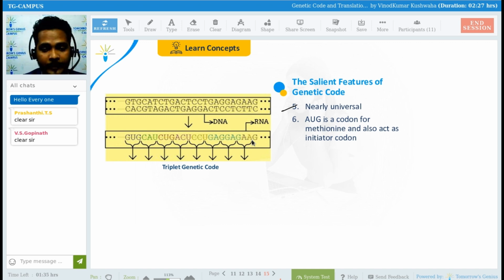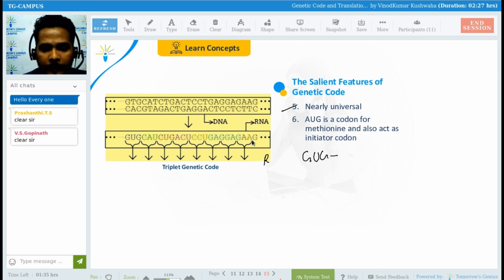Okay, one more important thing, not always, but rarely, I'm saying rarely, GUG, which is a valine code, acts as an initiator codon. I can write it here so it will be more convenient for you.